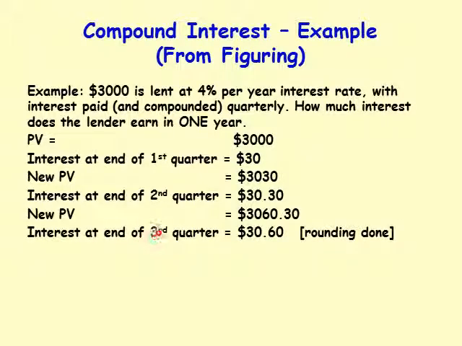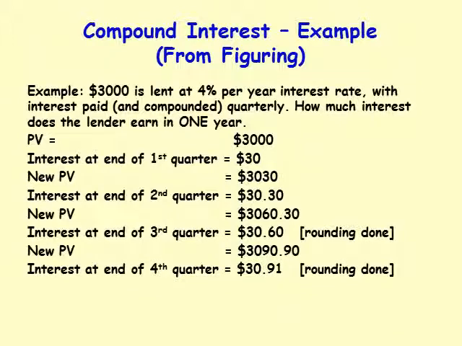Interest at the end of the third quarter would be 1% of that, $30.60. I just rounded that up, and the fraction did not show up in the interest here. In the USA, the smallest unit of currency is 1 cent, which is a 100th of a dollar. The new PV is I add $30.60 to $3,060.30, which comes out to $3,090.90.